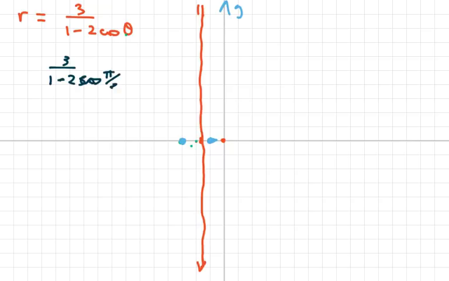Cosine of pi over 2 is 0, so that cancels out and you get 3. So we go to 3. 1, 2, 3. So this is 3 comma pi over 2. And the same thing's going to happen when you plug in 3 pi over 2. It's going to be 3 comma 3 pi over 2, because cosine of 3 pi over 2 is 0 as well.